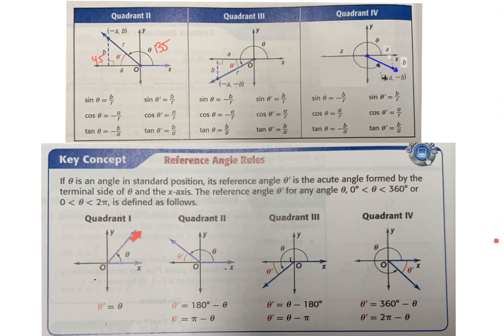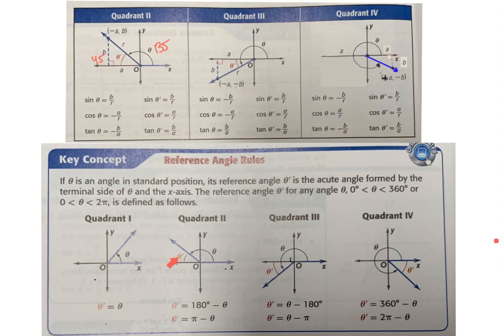The first quadrant, positive, positive. Second quadrant is going to be negative, positive; third, negative, negative; fourth, positive, negative. And what you do is you look to the closest x-axis to determine what the reference angle is. So if I'm here, my reference angle is whatever the angle actually is. But if I fall into the second quadrant, I have to subtract it from 180.